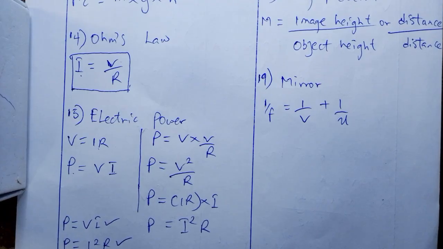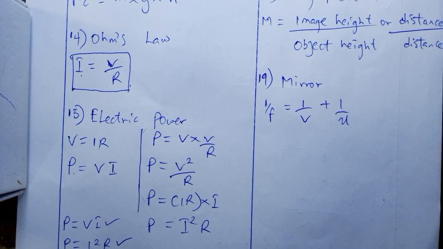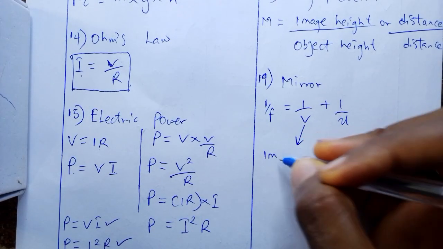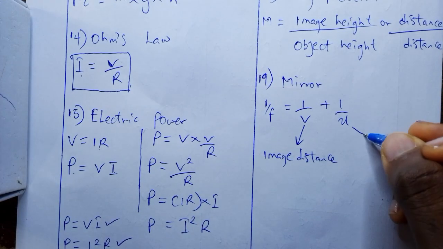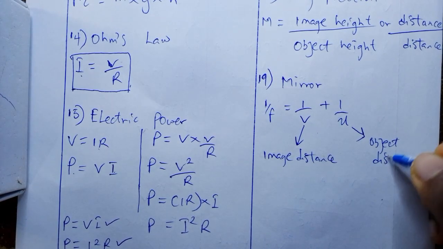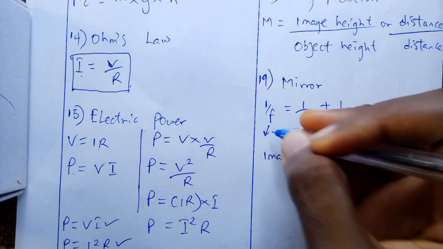Nah. This is mirrors, not equations of motion. V here stands for image distance, u stands for object distance, and f stands for focal length.